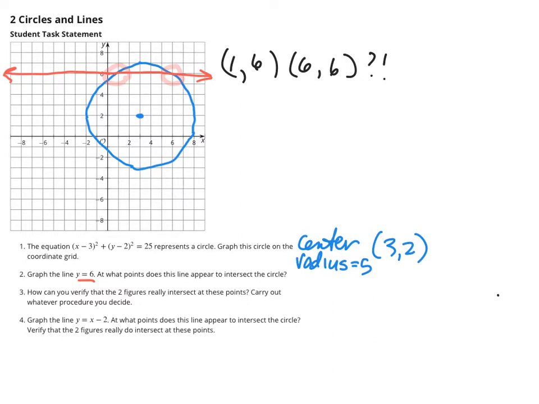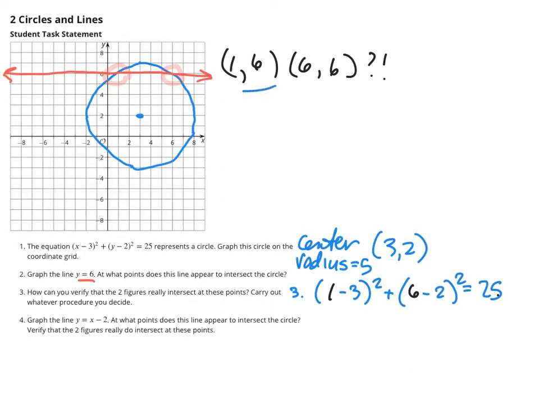So how can we verify that the 2 figures really intersect at these points? Carry out whatever procedure you decide. I am going to plug in those points to the circle equation and see if I get a true statement. I need to plug in 1 minus 3 squared plus 6 minus 2 squared, and that's going to equal 25.